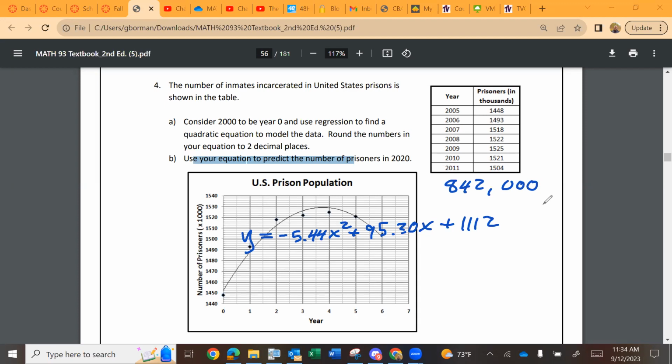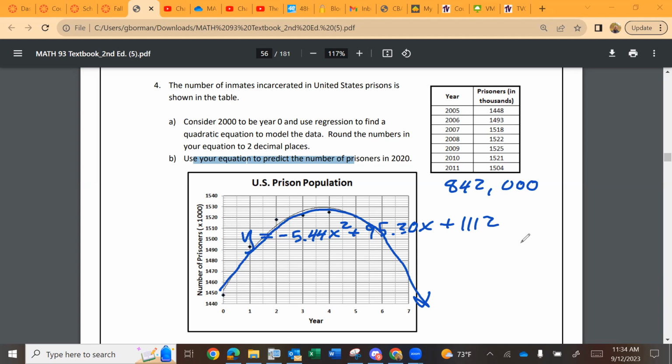Now, 2020 has already come and gone, so we could look that up and see how accurate that is. My guess is it's not going to be terribly accurate, because our model, now this is important, our model says it goes up and then it comes down, and then it just keeps going down forever. And eventually it's going to be below the x-axis. It's going to start giving us negative answers for prisoners. Well, that's not likely to ever happen.